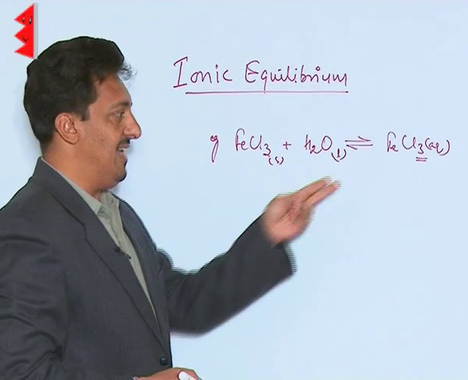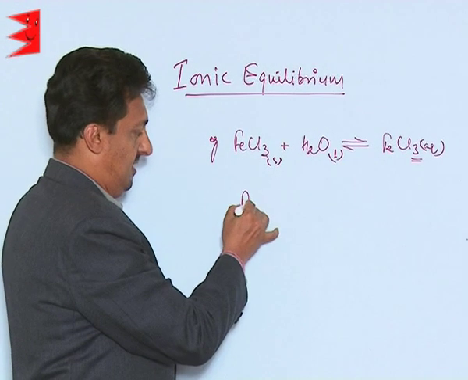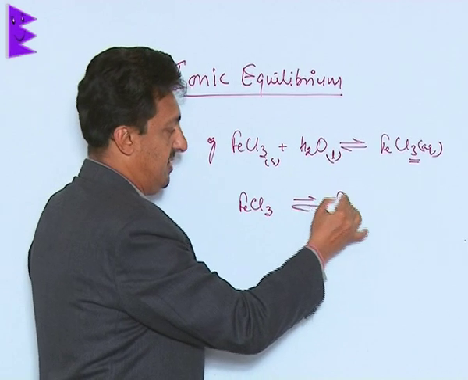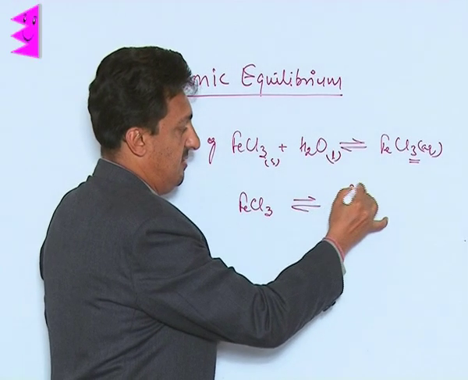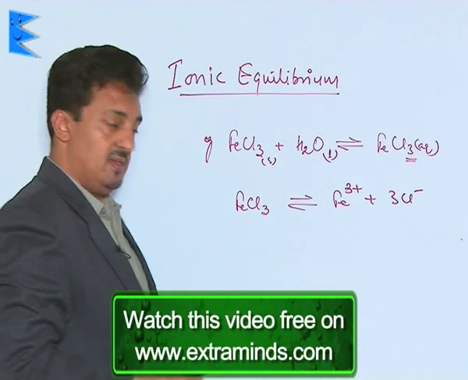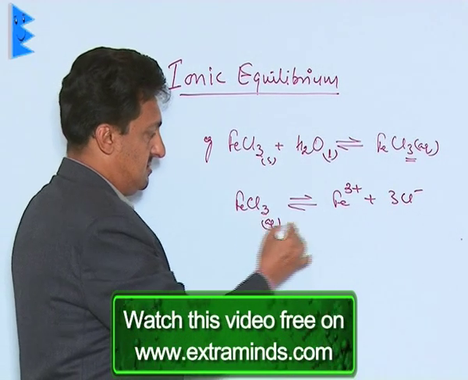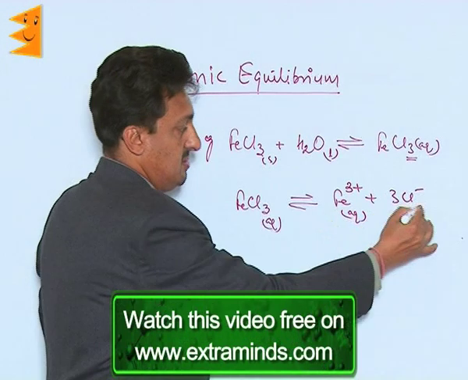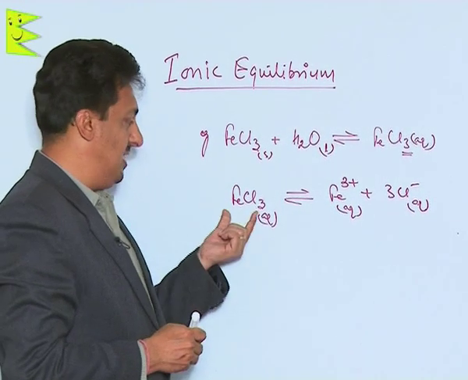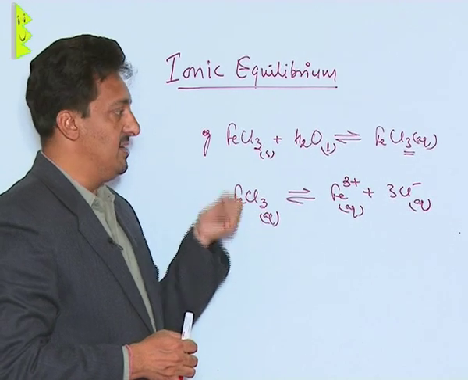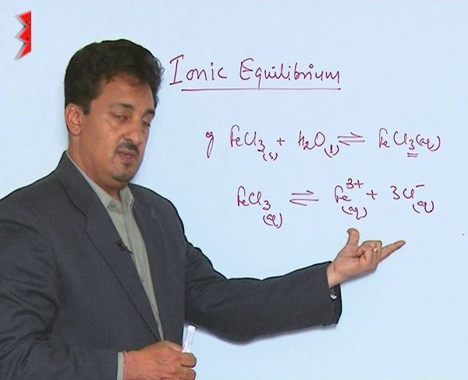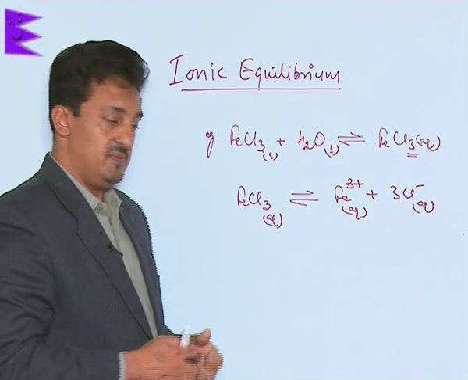But what exactly is happening in this solution is that this ferric chloride is actually existing in the form of ferric ions and 3 chloride ions. Now this is aqueous, this is aqueous, this is aqueous. So how this particular salt which we have added to the water is existing in this aqueous medium can be represented by this also.